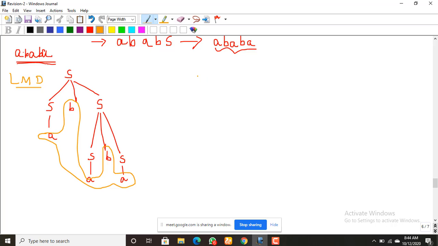Now I'm going to draw the parse tree for the rightmost derivation. So S is again replaced by S B S. Then this S is replaced by S B S first.